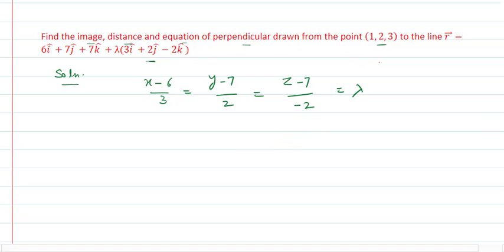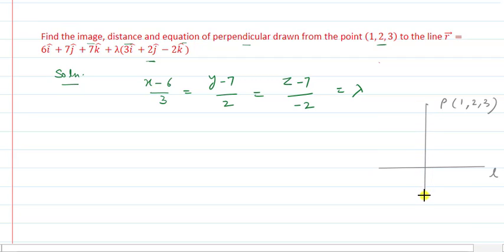So as we need to calculate the distance of this line, given line is L, which is like this, from point P whose coordinates are 1, 2, 3. So let me draw perpendicular also from here, and let me draw image also.